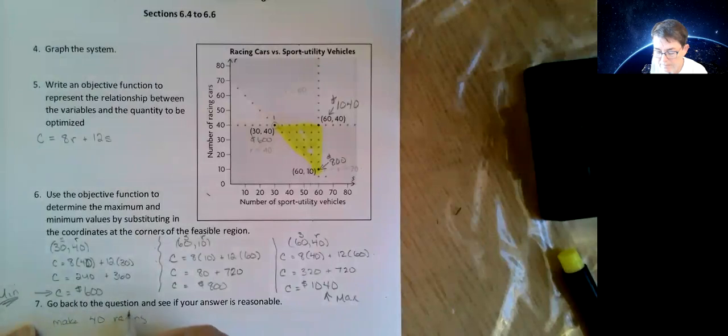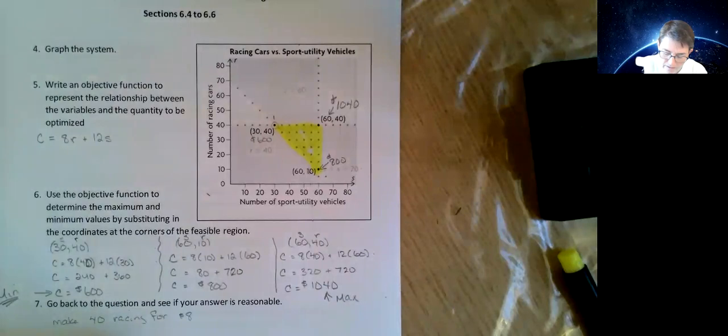But you know, we can kind of think this one out, at least for the max. So you can see if my answer is reasonable. Okay, the things we know. We can't make 40 racing cars for $8.